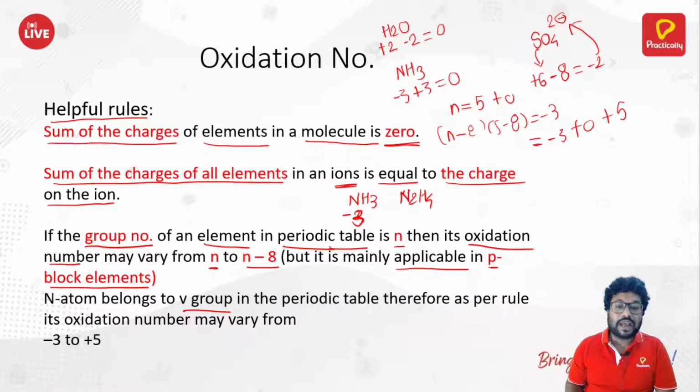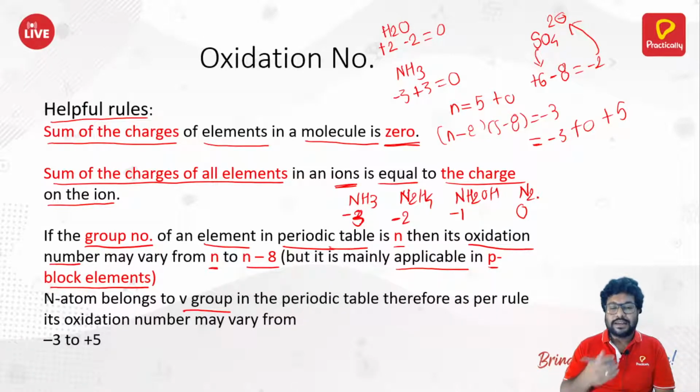And each nitrogen will have a minus 2. So minus 3, minus 2. Then you have NH2OH, hydroxylamine, where your nitrogen is in minus 1. Then you have N2 gas, which is 0. Now 0 is always there, you know that. So minus 3, minus 2, minus 1, 0.